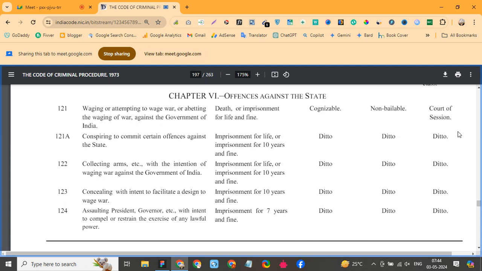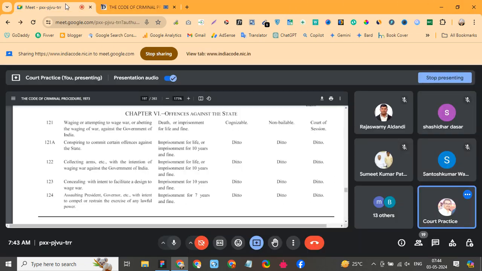So this is the important part of the first schedule, and if you learn how the first schedule is read, then you can easily remember how things are going to turn in the court of law. Only by following the first schedule of CrPC can you remember how things are done in criminal cases.